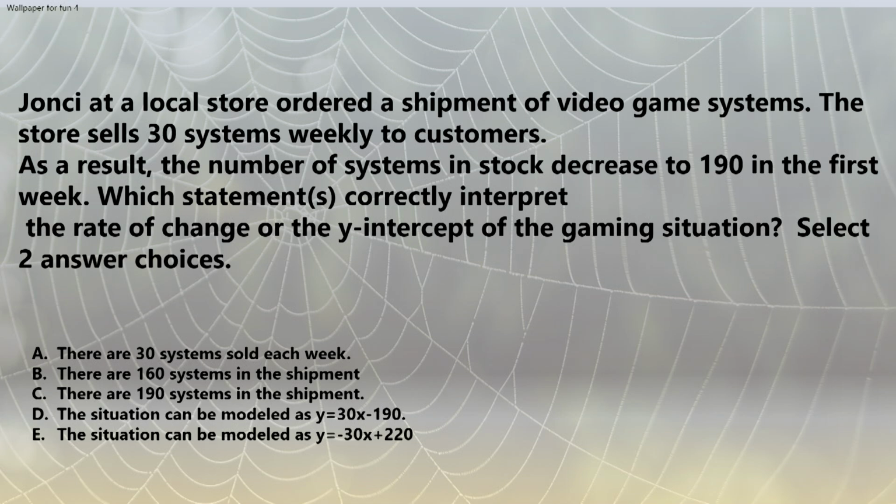Select two answer choices. So I'm going to give you a minute. I'm going to let you read through the passage again, and then I'm going to let you look at the answers and see which ones you can come up with. All right, so we notice that at the beginning of our passage, it says that we sell 30 weekly.